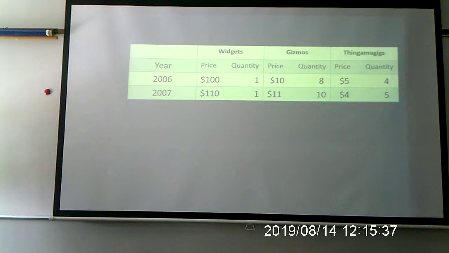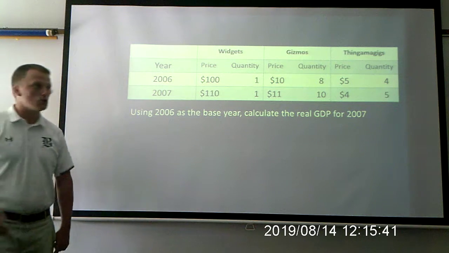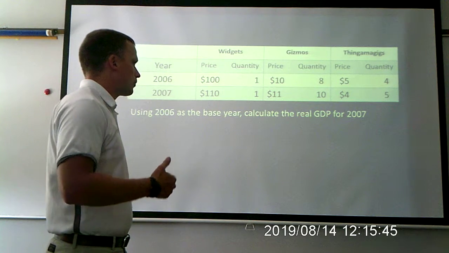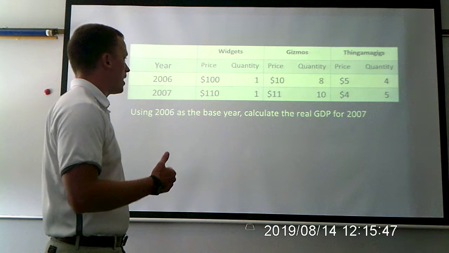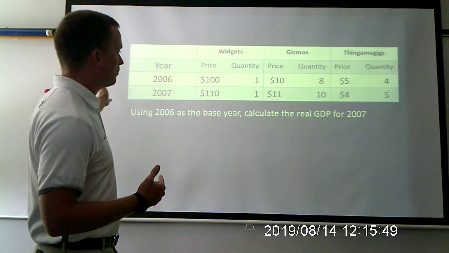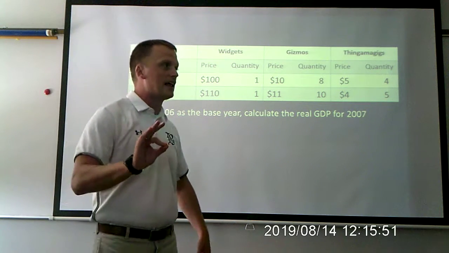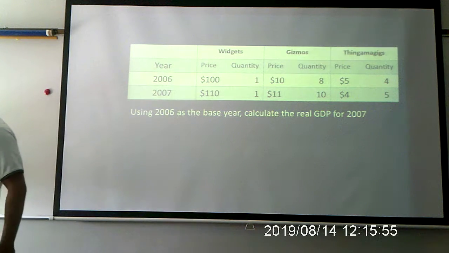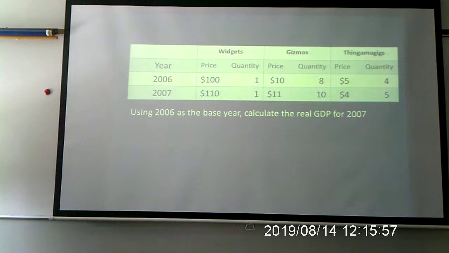All right, moving forward, let's do real GDP for the same problem we were just working on. Go ahead, take a second, work that out, pause the video, and we will continue from there. Okay, you should have paused the video, and let's see if you were right.